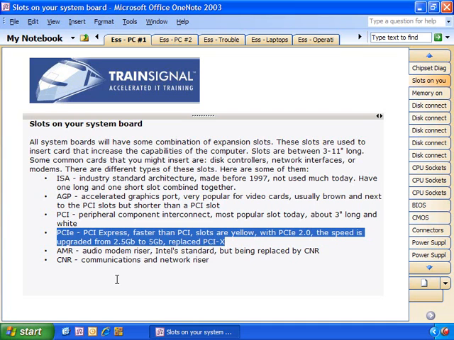Now with PCIe 2.0, the speed is upgraded from 2.5 to 5 gigabits, and that replaces PCI Express. Then there's the AMR slot, the audio modem riser. This was Intel's standard, but it's being replaced by the CNR. The CNR is the communications and network riser.